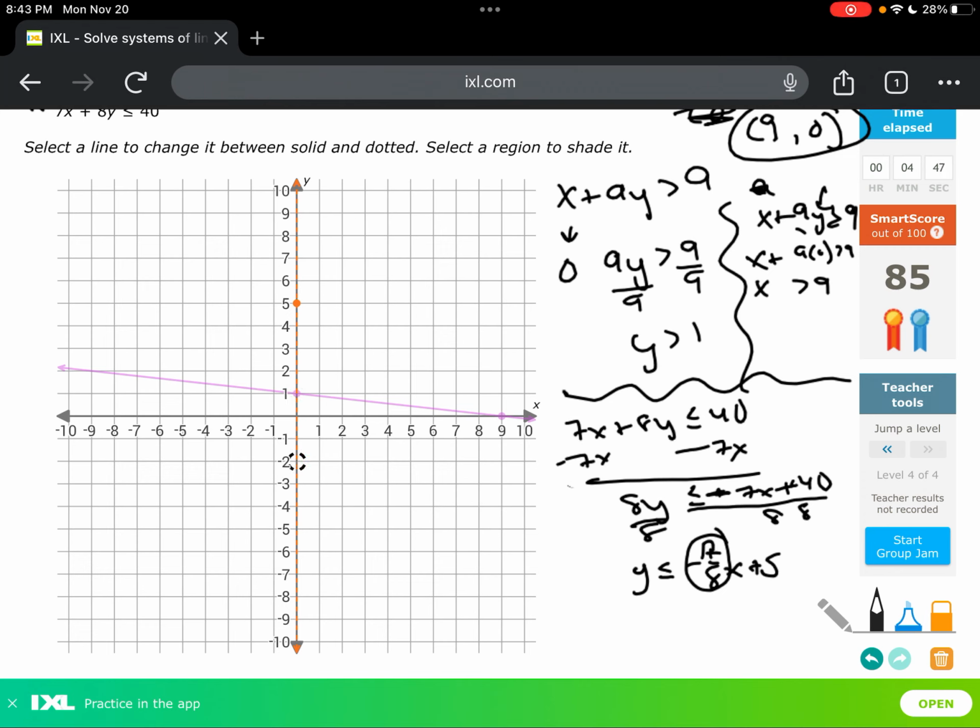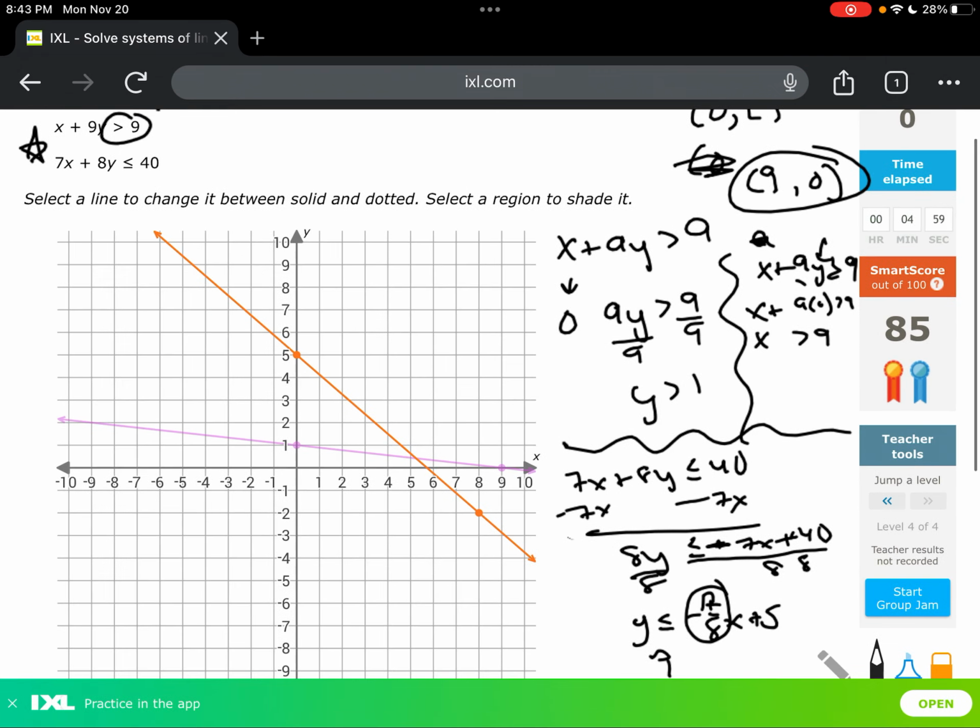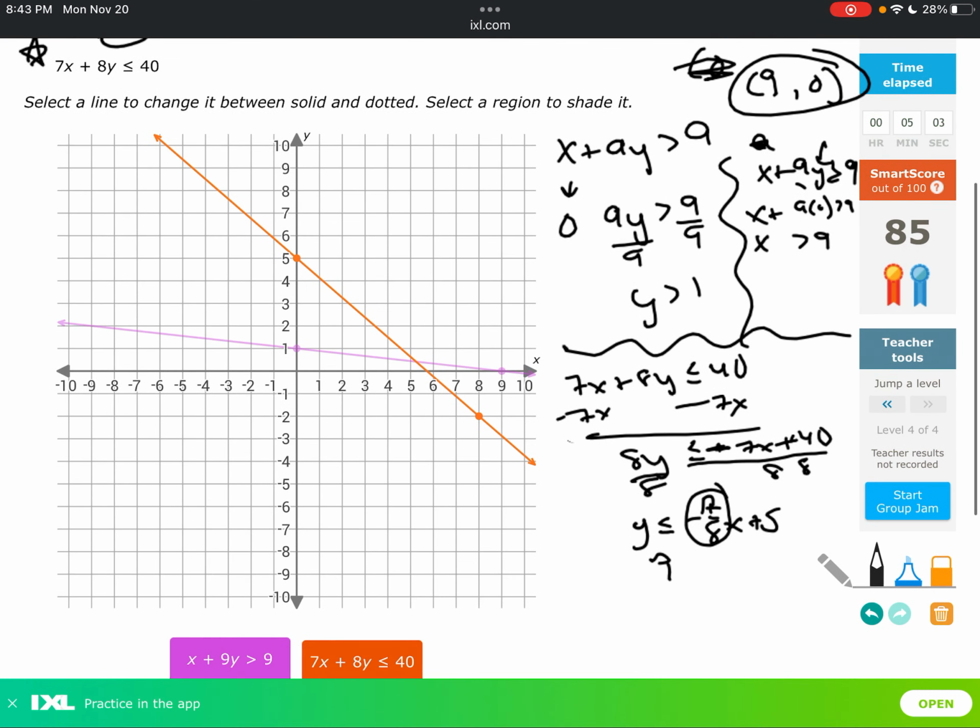And I'm going to go to the right 8: 1, 2, 3, 4, 5, 6, 7, 8. That's my point. It's a closed line, and it is less than, so I know it's going to shade down.